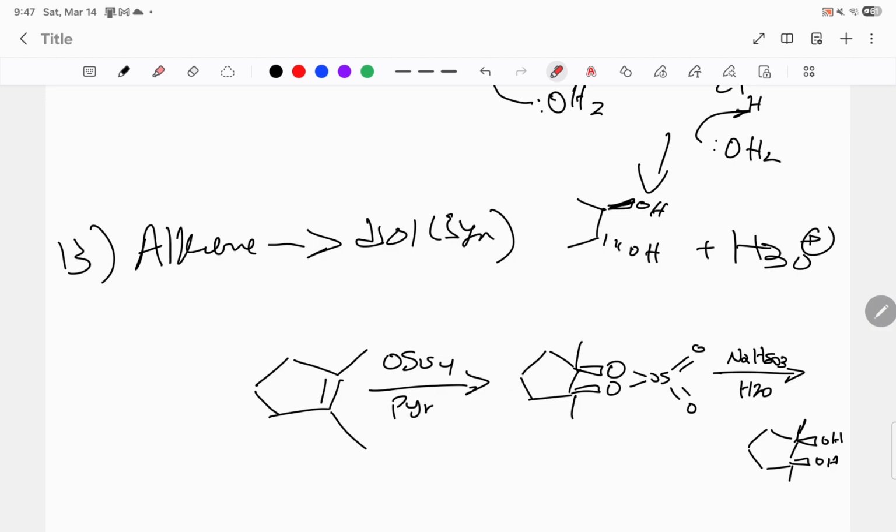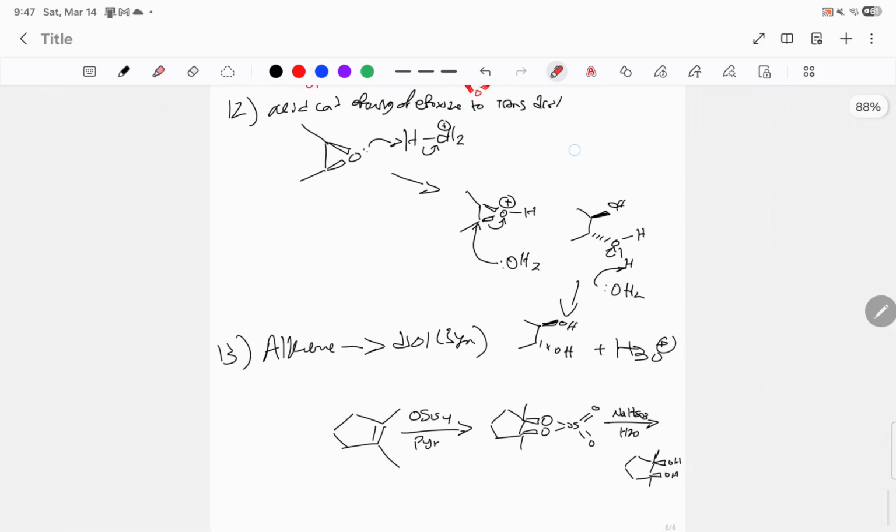But you do get a vicinal syn diol. Whereas beforehand, with the epoxidation and acid catalyzed opening of the epoxide, you get a trans or anti-vicinal diol, okay? So again, a reductive workup in this reaction is required by this sodium HSO3.